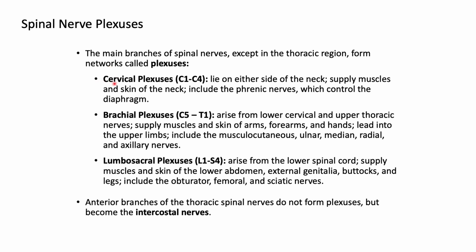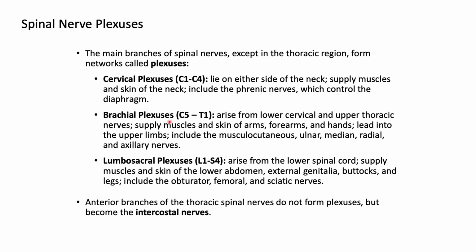There are three important plexuses that I would like you to remember. First of all, cervical plexus, which is formed from the combination of cervical spinal nerve 1 through cervical spinal nerve 4. This plexus provides innervation to muscles and skin of the neck. Brachial plexus is made from cervical spinal nerve number 5 through thoracic spinal nerve number 1.